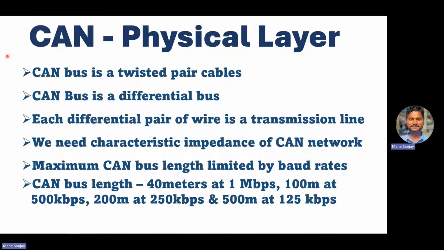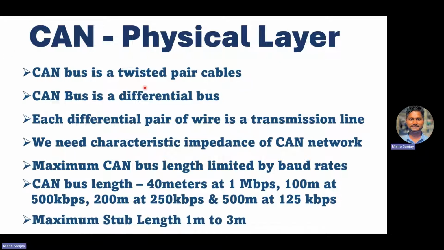So this is how the bus length depends on the baud rate which you are using in the network. The maximum stub length is 1 meter to 3 meters. Now why I'm explaining all this here: because when we go for the calculation of the characteristic impedance, all this length and everything matters.